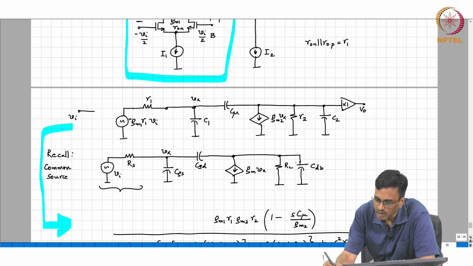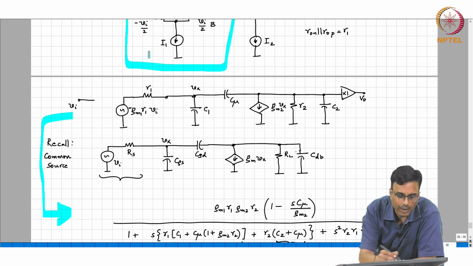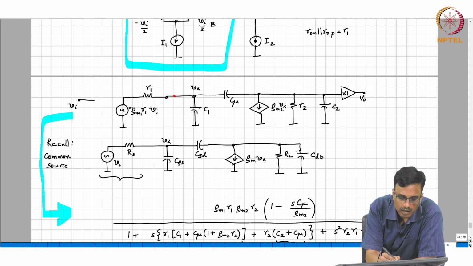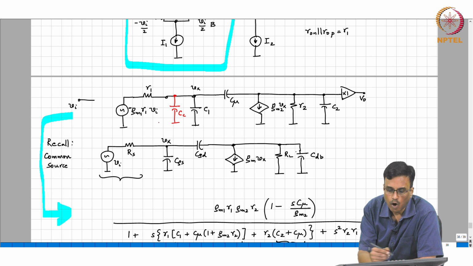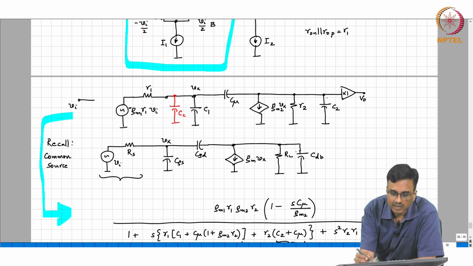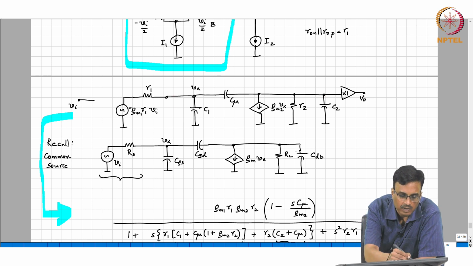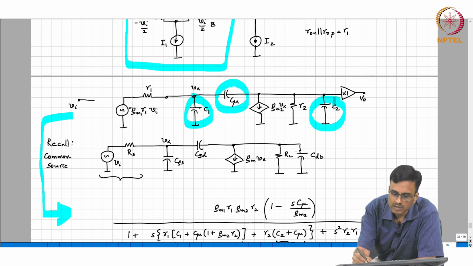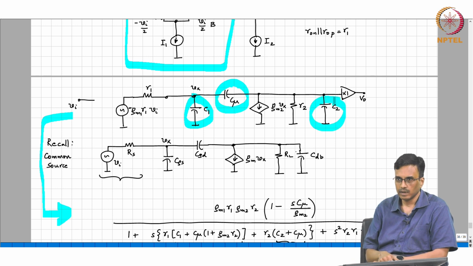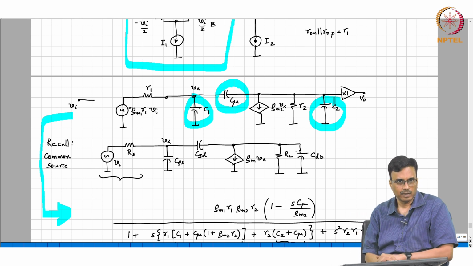For instance, we could place a big fat capacitor, let me call that CC, in parallel with C1 or in parallel with C2, or in parallel with C mu. Okay, so 3 possible choices, right?